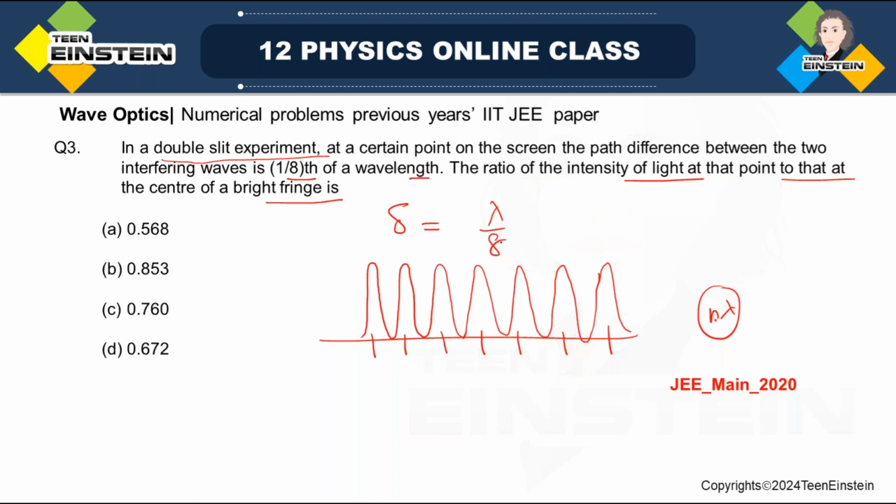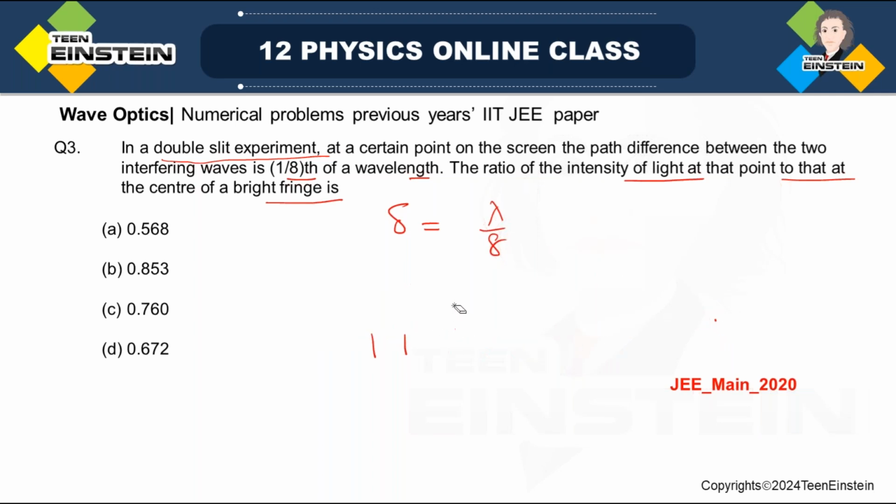But here, you look, this is lambda by 8, right? We don't have to go up to that point. Let me write the expression for the interference.